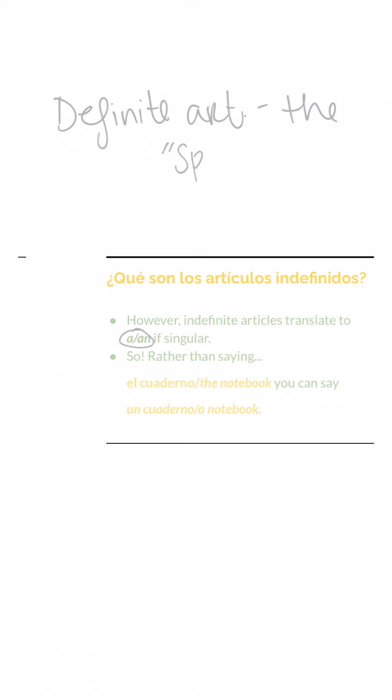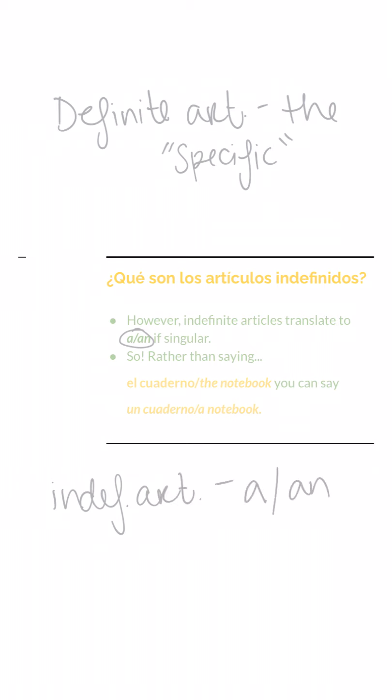It's specific, right? It's not just any old book, it is the book. You know what I'm talking about, right? However, our indefinite articles translate to a or an, meaning that it could be virtually anything, just in general.